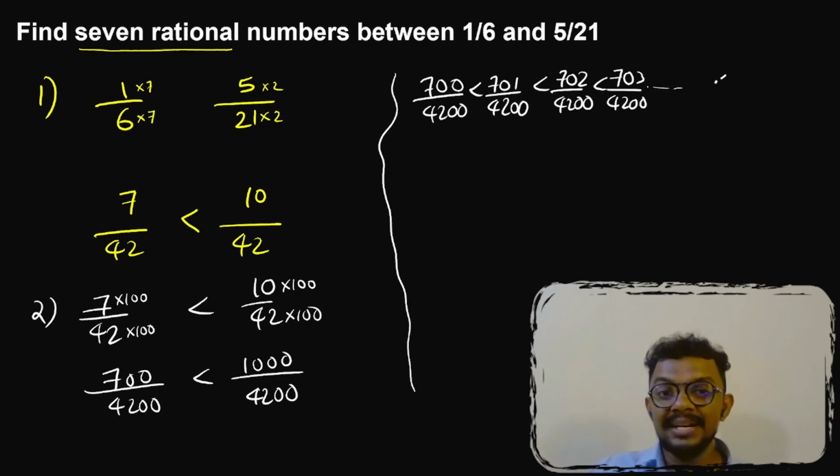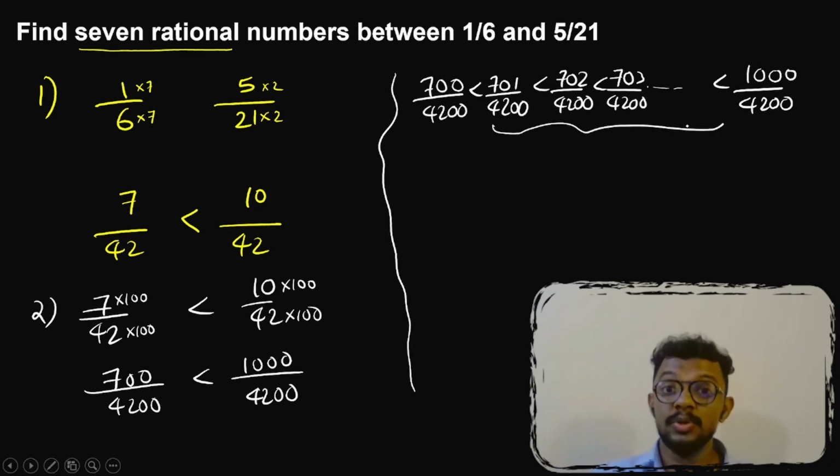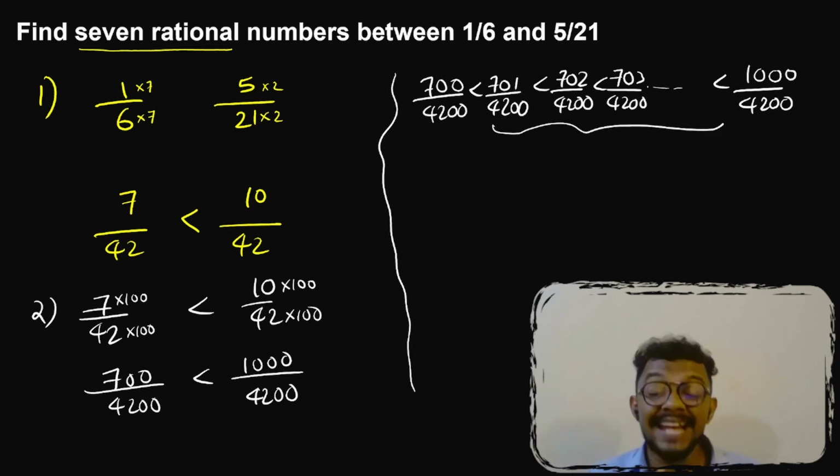I can do this until 1000 divided by 4200. They only asked for 7. I got more than 100, actually 299. That's a flex, right? Hope you understood the strategy.